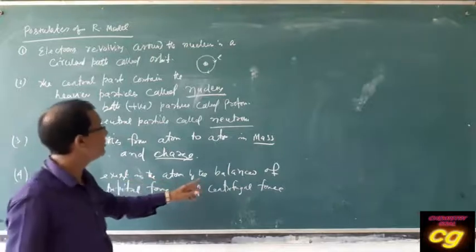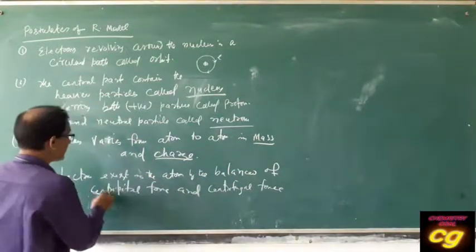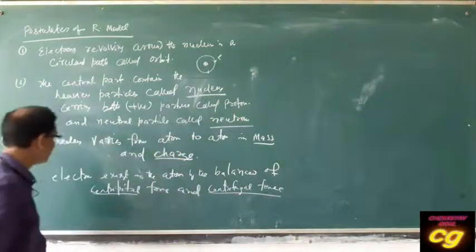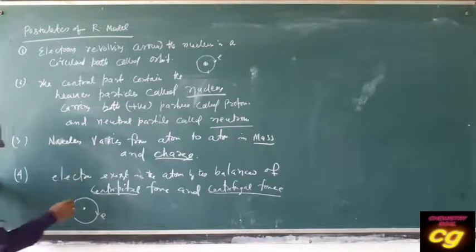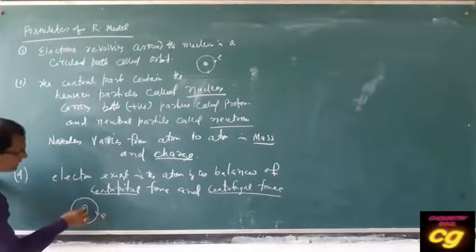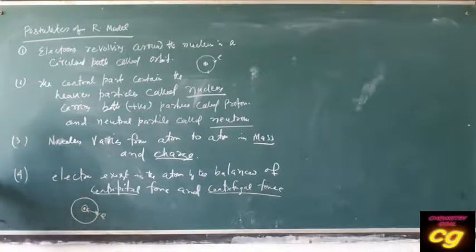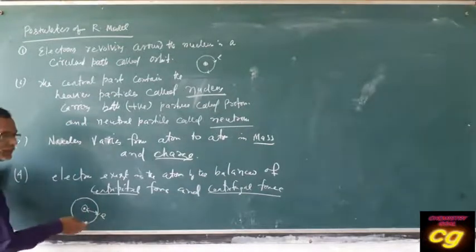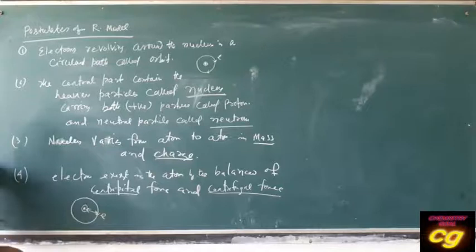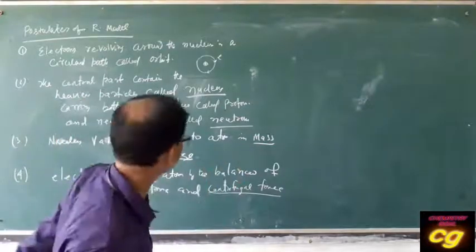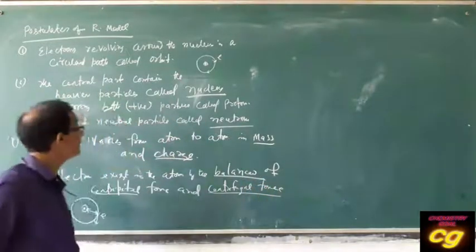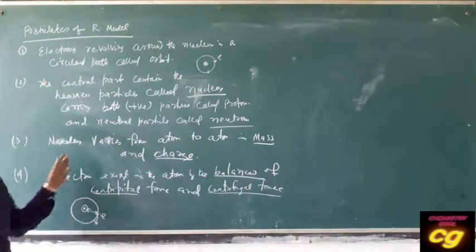That means the electron is revolving around the nucleus in a circular path, and this is the nucleus. Centripetal force is always inward and centrifugal force is always outward. So inward force and outward force remain the same, balanced, resulting in the existence of the electron inside the atom.